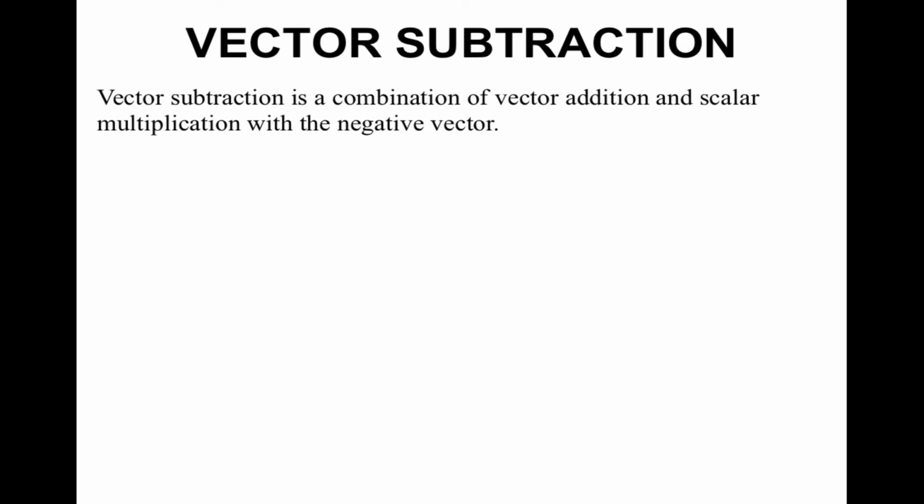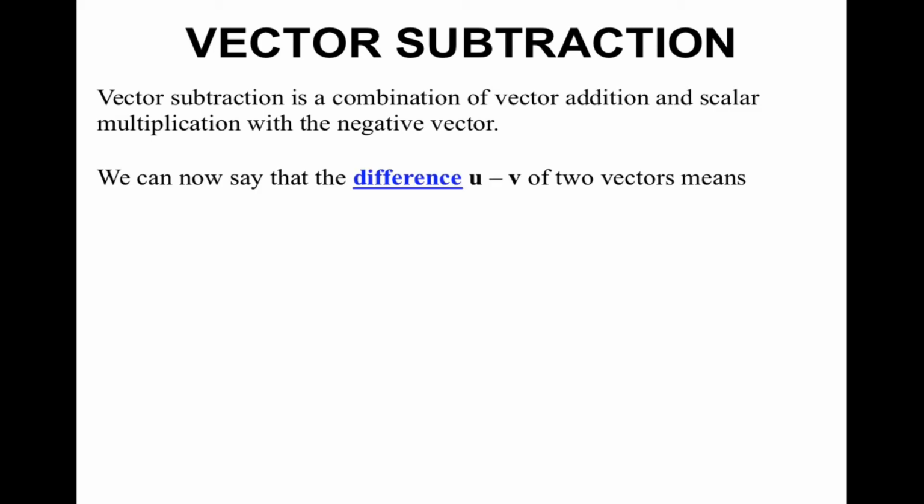Vector subtraction is a combination of vector addition and scalar multiplication with the negative vector. We can now say that the difference of vector u minus vector v is the same thing as taking vector u and adding the negative vector of v.